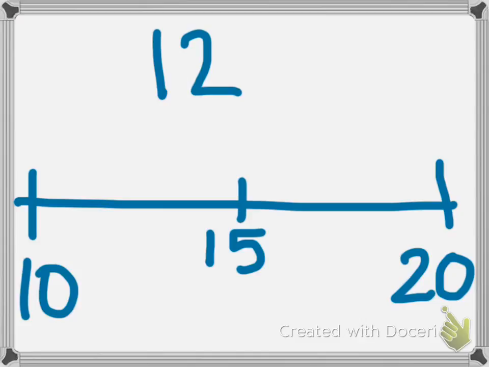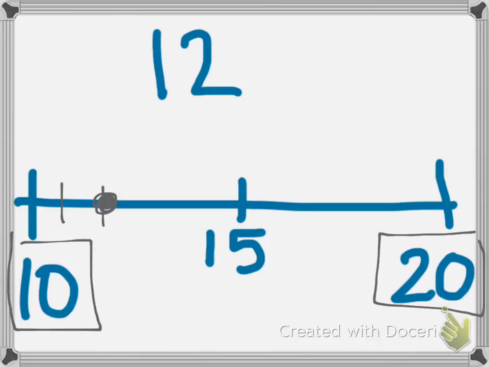Now I need to find 12. So 10, 11, 12. Here I am. And then to figure out which 10 12 is closest to, remember my strategy. If these are the CVS that I need to go to and this is where I live, which one am I going to go to? This one. It's closest. So 12 rounds to 10.